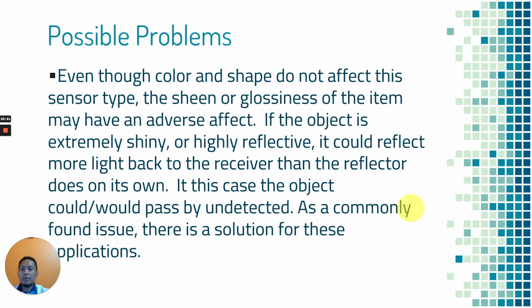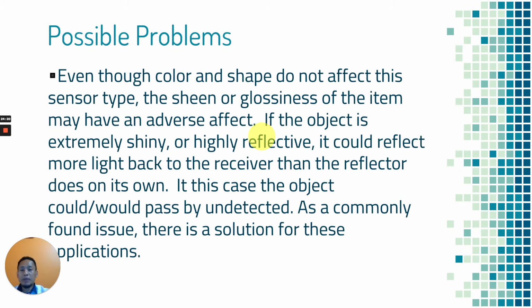However, it may have a possible problem. Even though color and shape do not affect this sensor type, the sheen or glossiness of the item may have an adverse effect. So walaupun kita tak tengok dia punya color and shape, tetapi dia punya kecerahan, dia punya glossiness of the item may affect the detection, either extremely shiny or highly reflective.